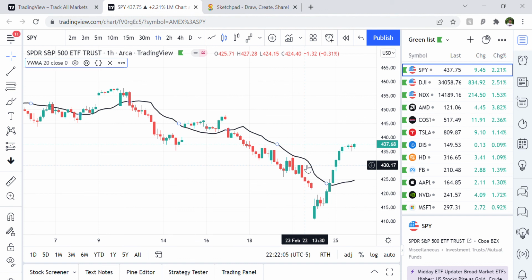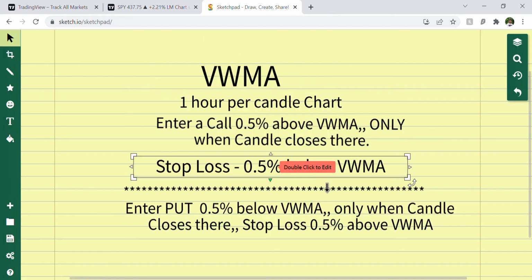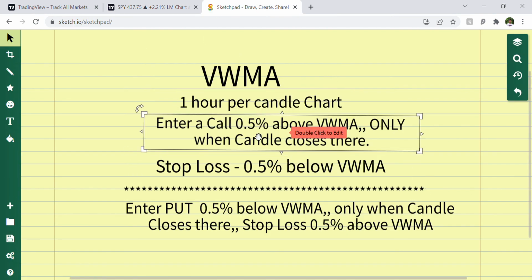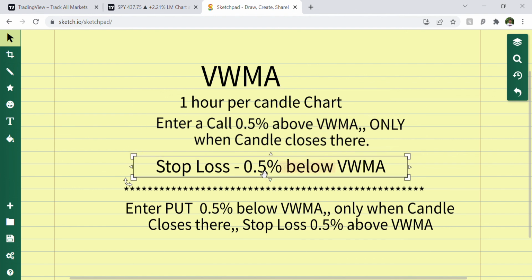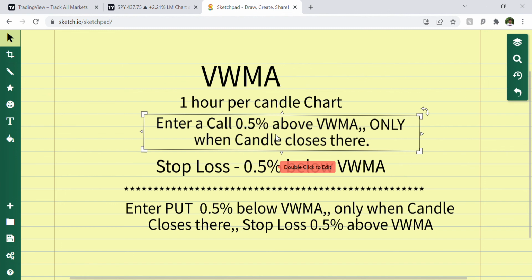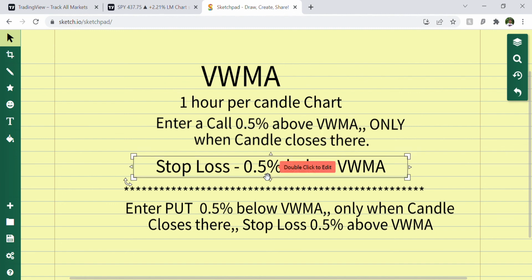Okay, if you see here, the stop loss is more, like you are using a stop loss of approximately $4, but still this scenario will not come. This scenario generally doesn't happen. Okay, so you must use a stop loss always. Don't get inside any trade without a stop loss, or you can even choose VWMA itself as a stop loss.